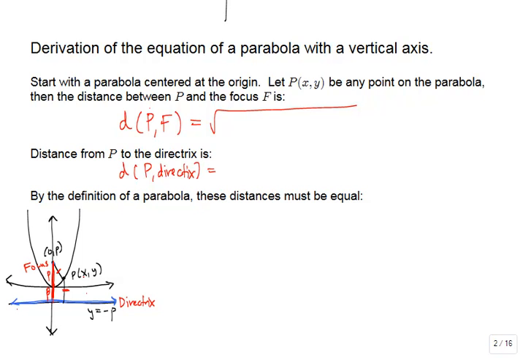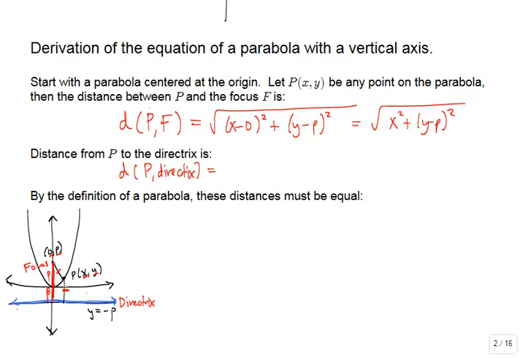So we're going to take this x minus this x, so x minus 0, and we're going to square that, and then add to that the difference in the y's, so y minus p, quantity squared. And if we simplify that, x minus 0 is just going to become an x squared. So here's what we have for this distance between point P and the focus.